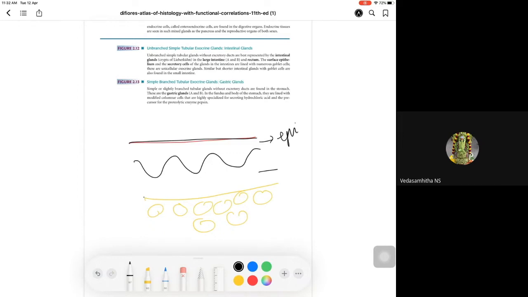This portion is known as dermis, and this portion is known as subcutaneous tissue. Papillary dermis and deep dermis. Why do you call it papillary dermis? Because they are like papillae going into the epidermis, and you can see some nice vascular plexus, which I have to draw in red color, in between the papillary dermis and the deep dermis.